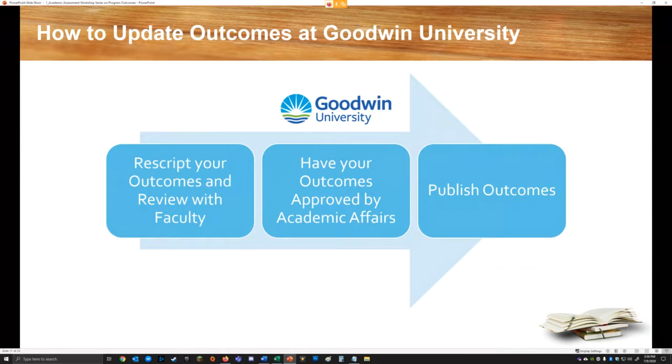For program learning outcomes, you would talk with people, potentially an advisory board or your dean, through assessment work that you've done, and find that maybe your program learning outcomes need some modification. Maybe they're not as measurable as you thought. Maybe the times have changed. Maybe they just need updating. Sometimes you might have too many. Whatever the case might be, you would develop new ones that usually get reviewed and approved within your program and department.